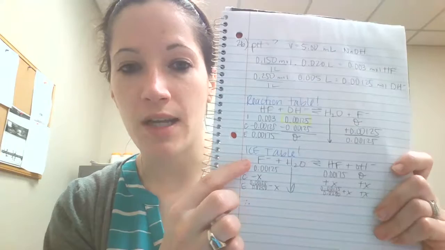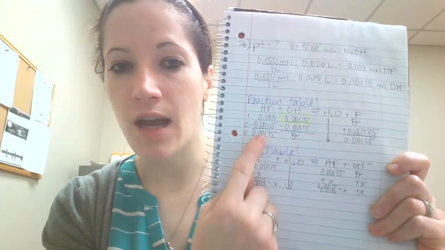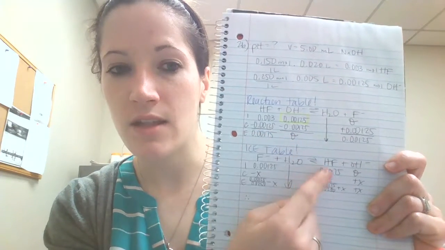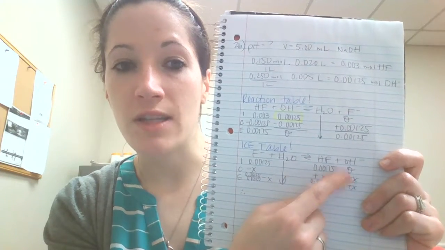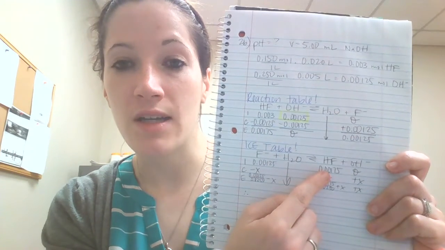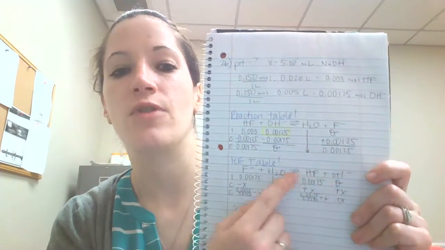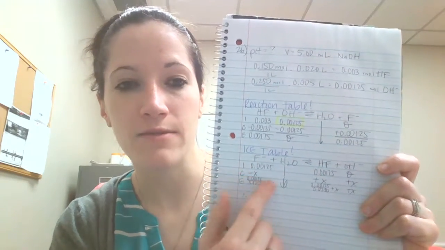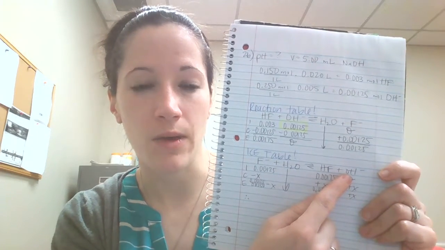Okay, now I'm going to set up an ice table using the F- that I formed that's now in equilibrium with its acid, the hydrofluoric, and the OH that I've added. I know my final amount. My initial amount comes from the equilibrium on the reaction table. I have no OH because it's all reacted, and I have 0.00175 of my hydrofluoric because that's what's remaining. So what was in my last row on the reaction table is the first row on my ice table. I'm going to have some change by X. That's the part I don't know because I'm looking for pH, or in this case it'll be pOH.